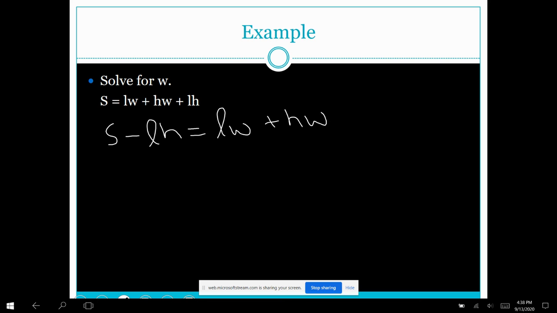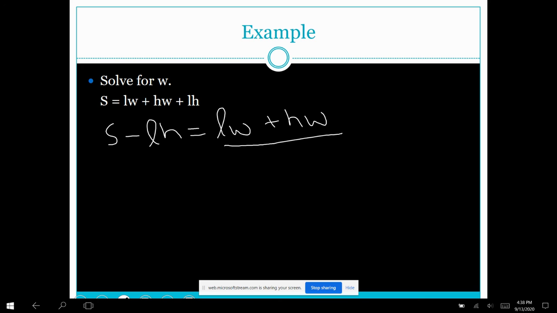Well, in order to solve for W, we need to rewrite this term on the right-hand side so that there's just one W, which means we're going to have to change this sum to a product, which you guys should recognize is factoring.